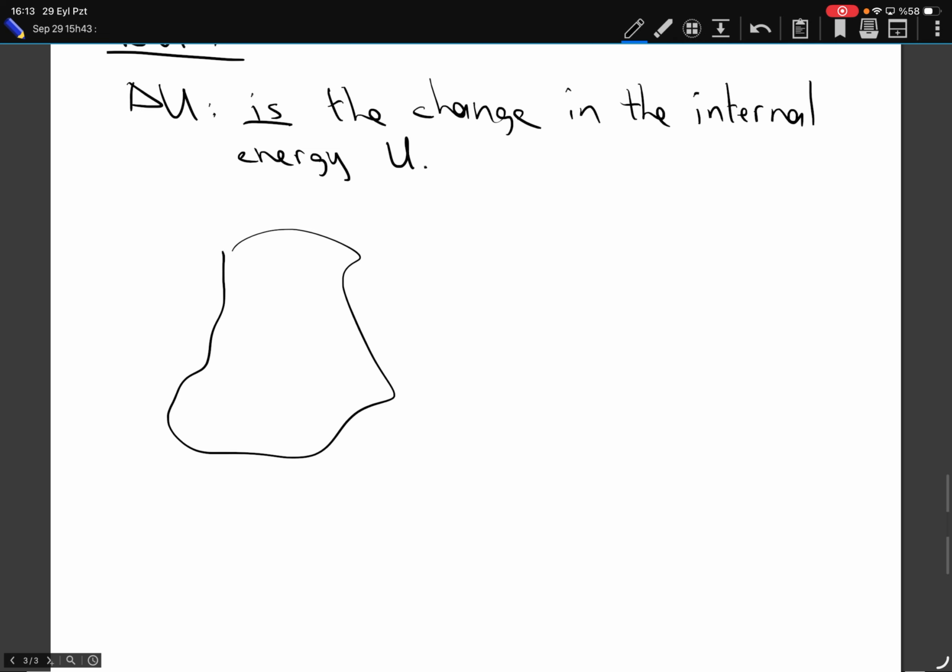So different parts of the surface will move in different directions. Let me just pick up one segment here. Let's say that after my system expands and changes shape, this surface becomes this surface. This is the dR.